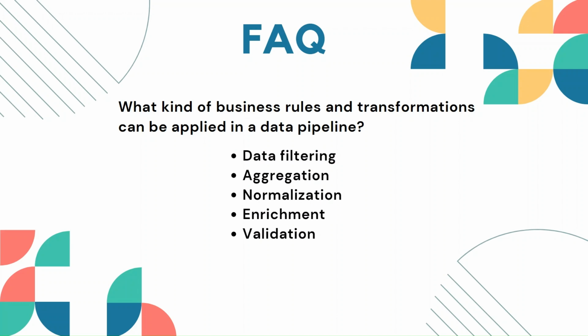For example, you can filter out irrelevant data, aggregate sales data by region or product, normalize date formats, enrich customer data with demographic information, and validate transactional data for accuracy. These rules and transformations are typically defined using a combination of coding and configuration tools, ensuring that they are applied consistently and reliably across all data.